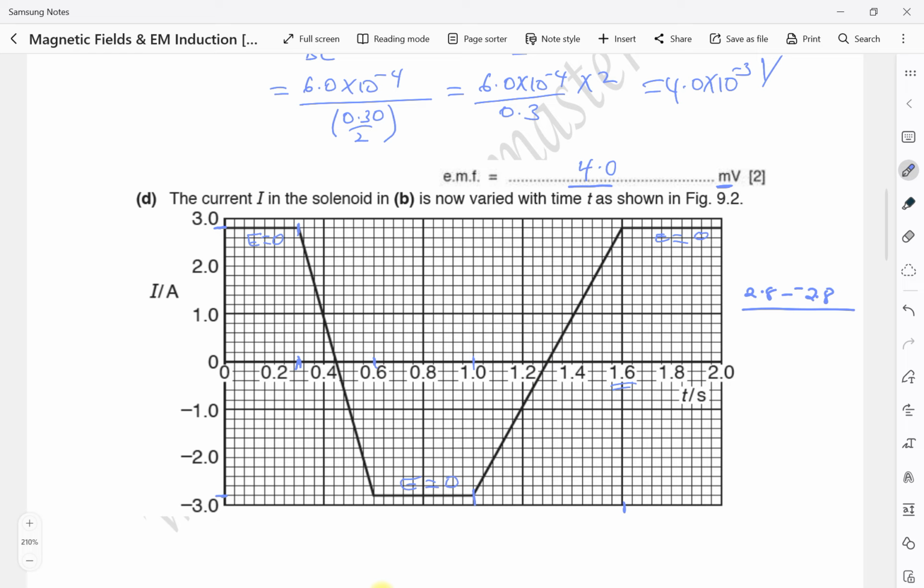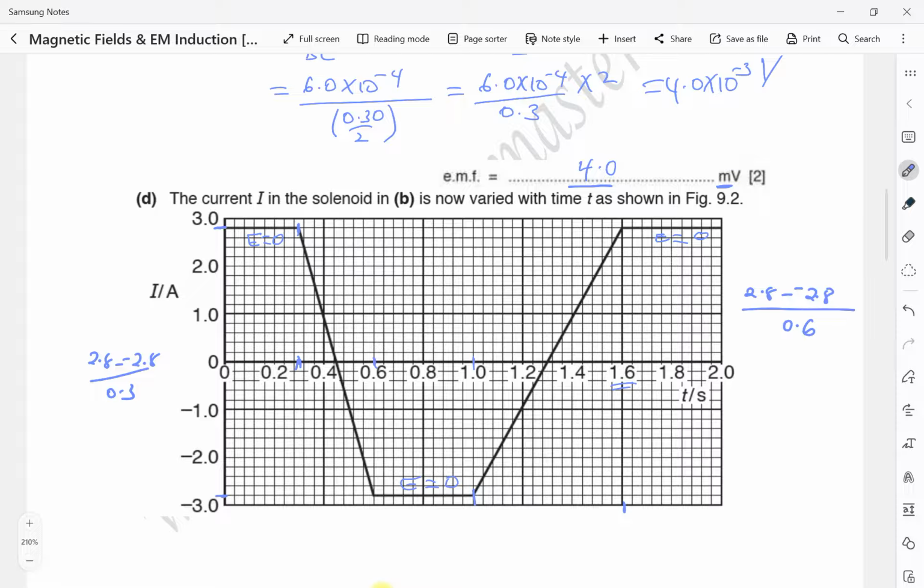But on the x-axis, the time it is taking to change is actually 0.6. Yet this time, the change on the vertical axis was 2.8 minus negative 2.8 over 0.3. So it means the gradient on the left-hand side is twice the gradient on the right-hand side.